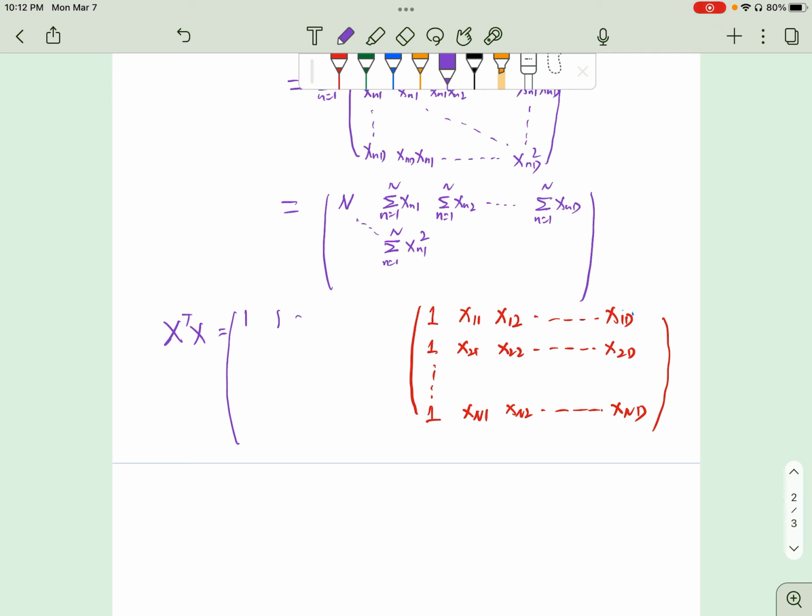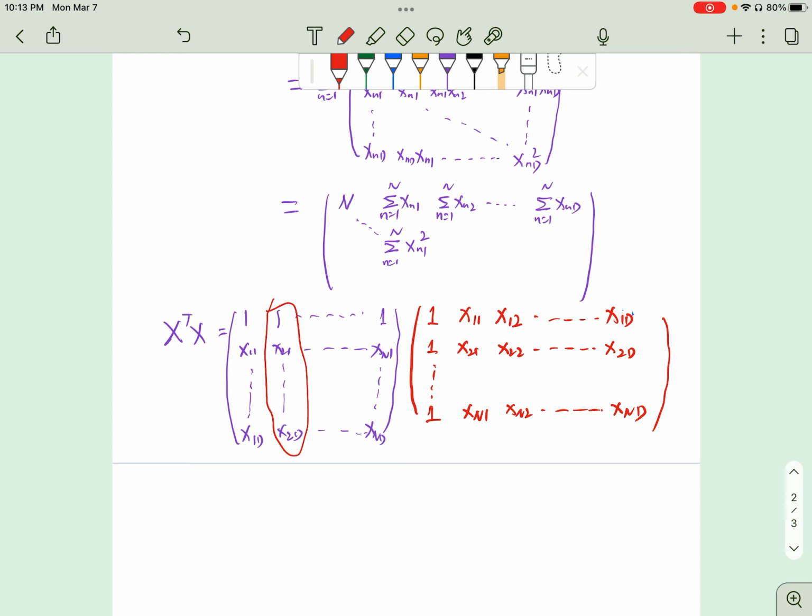It's just 1, x11, xn1, x1d, x2d, xnd. So you can see if I transpose it, this column will be the feature vector of the first sample.